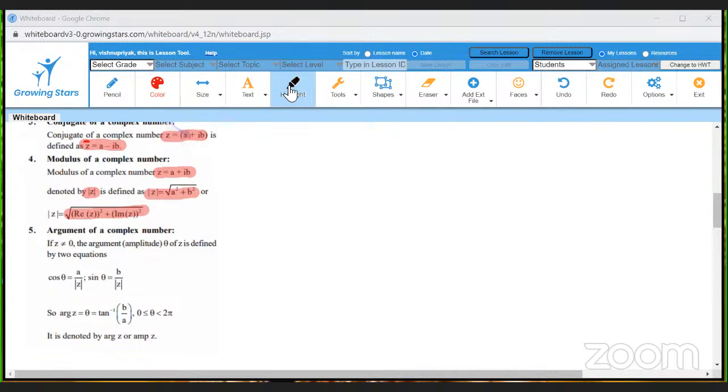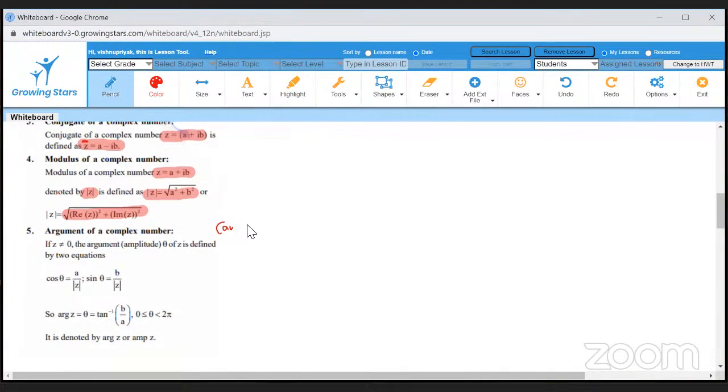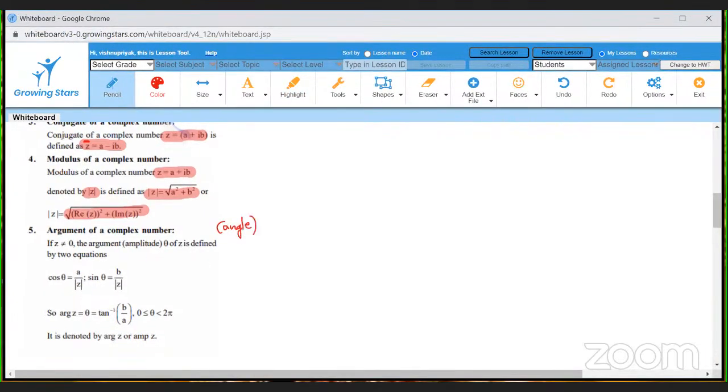Okay, the next is argument of a complex number. Argument means, in other words, angle. Don't get scared of this word. Argument is angle in a complex number. So what is the angle in a complex number? You can find it if you know what is cos theta and sin theta in a complex number.